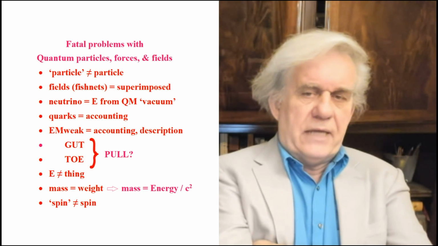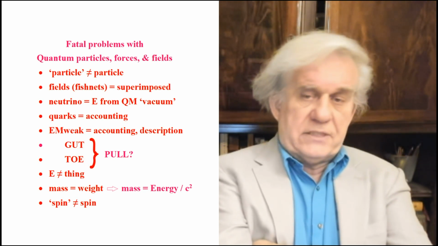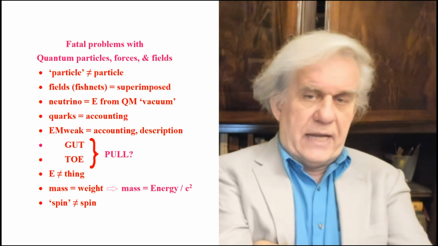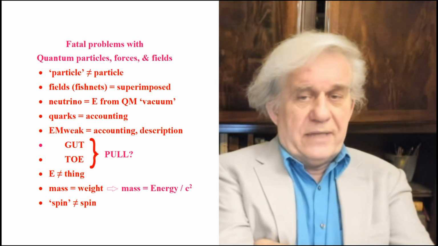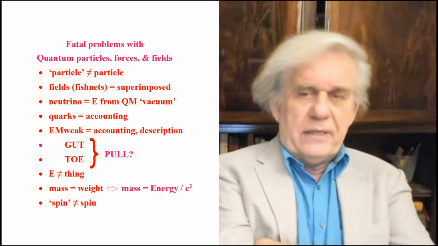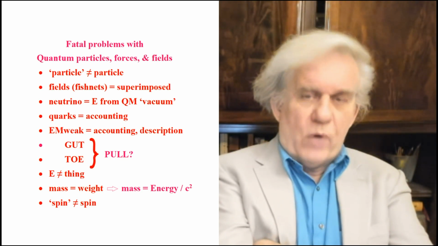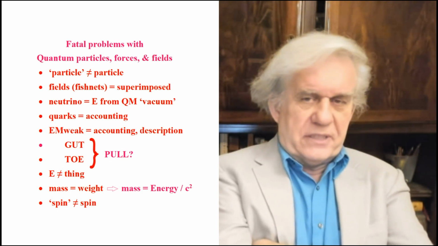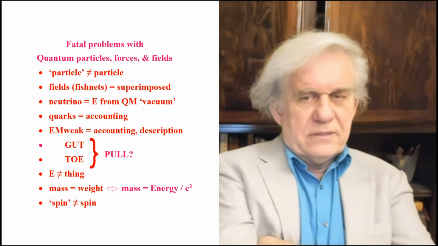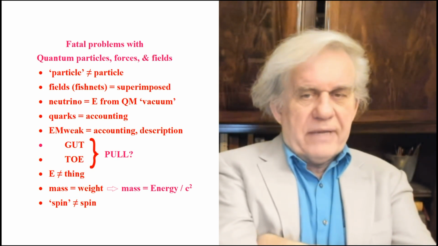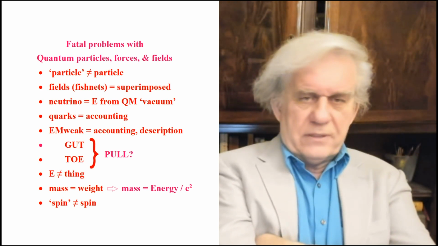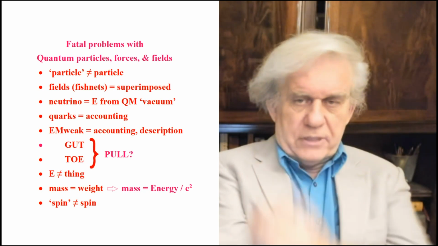If mass is equal to energy divided by c squared, velocity of light squared, and energy is a dynamic concept, we have a dynamic concept over another dynamic concept. That doesn't give you a physical object. So mass is not a physical object. It would be to some degree if you say quantity of matter, but that's not the notion they're using. The notion they're using is accelerate the thing and I'll tell you how much mass it has. So mass is a dynamic concept here, and it's exactly the same thing as weight. No difference whatsoever, conceptually.